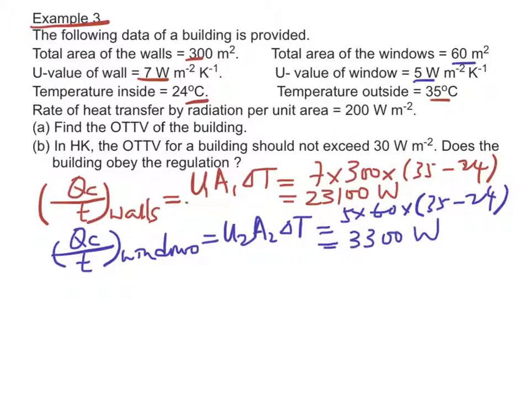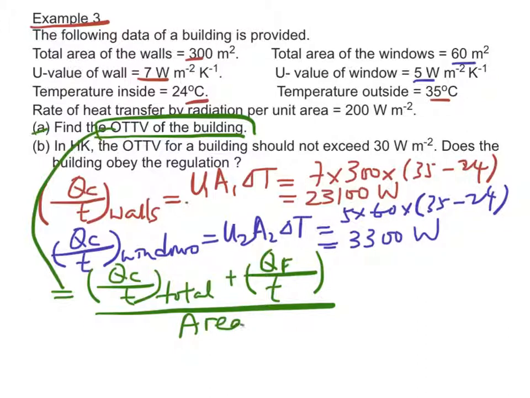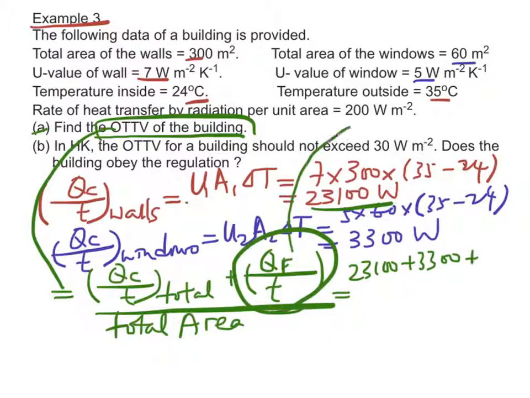3,300 watts. Part A, OTTV of the building is equal to the total rate of heat transferred by conduction plus the rate of heat transfer by radiation over the total area, which is equal to 23,100 plus 3,300 plus the rate of heat transfer by radiation. The rate of heat transfer by radiation per unit area is 200.